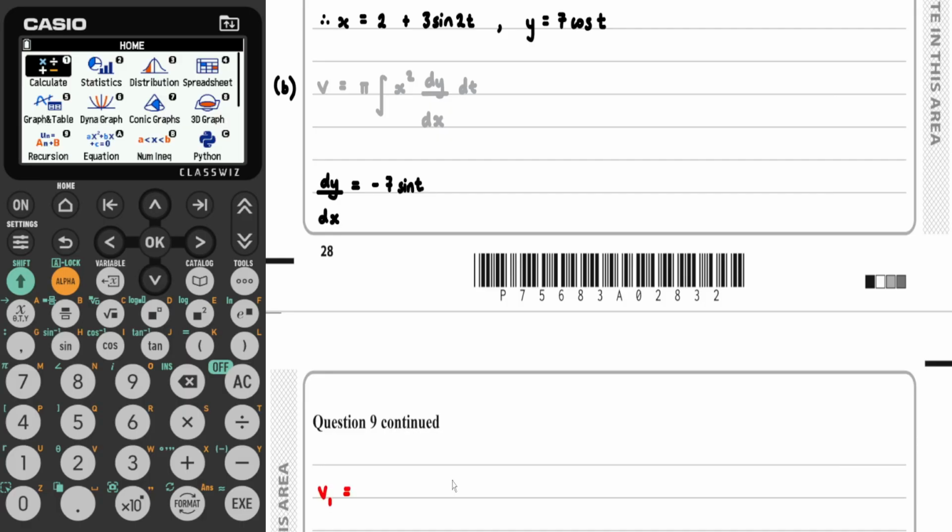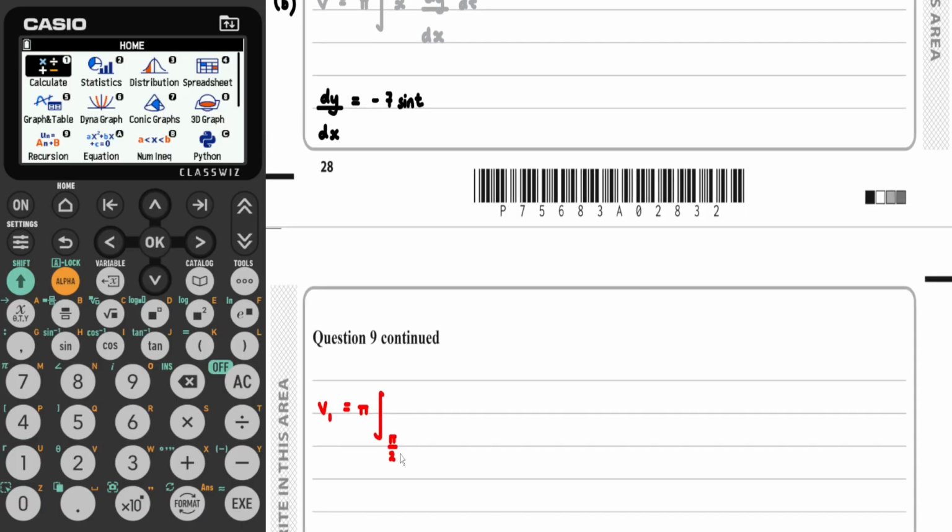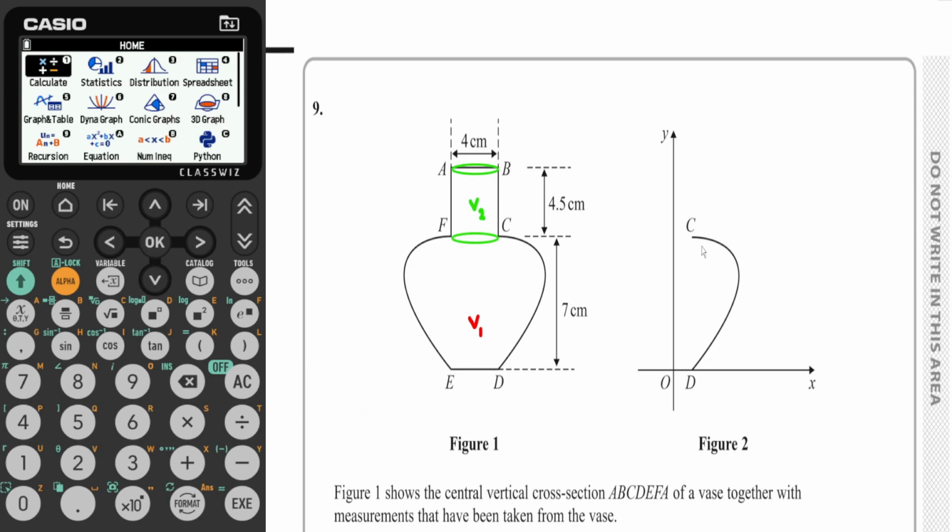For the volume V1, we've got pi times the integral of. Now here we have a lower limit of pi over 2 and an upper limit of 0, and that is because going from C to D, y is decreasing.